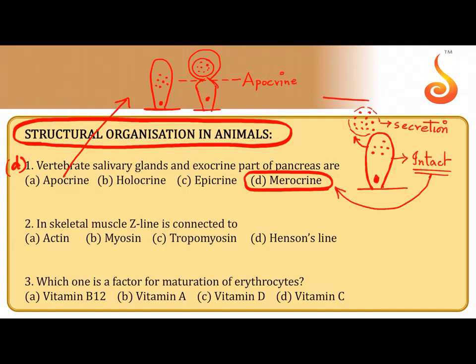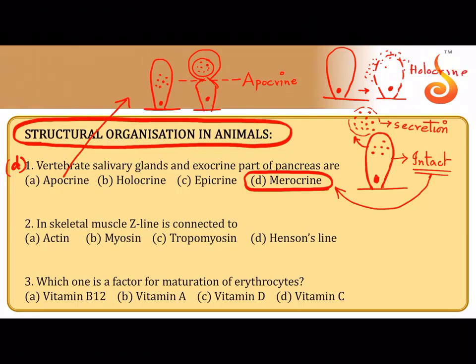Okay. Then what about holocrine? Holocrine means there is a cell and the entire cell undergoes disintegration. It is damaged while the secretion is released to the outside. So this is an example of holocrine. So if the cell remains intact, it is merocrine. If the cell gets damaged, the best example for holocrine is our sebaceous glands or oil glands.